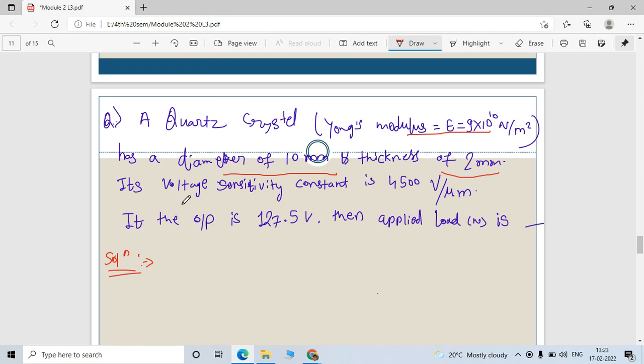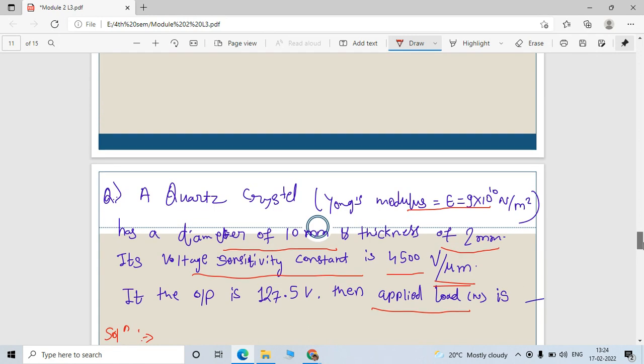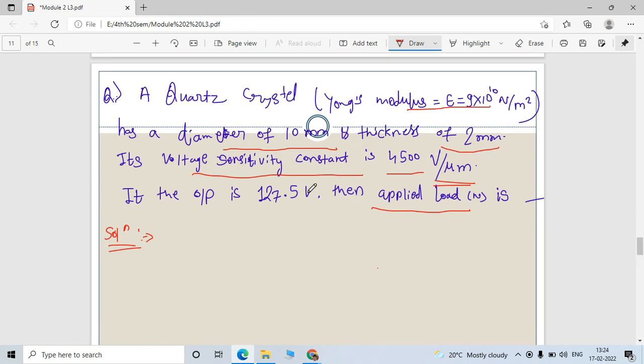You need to find the applied load, in terms of force, and the voltage sensitivity constant is given as 4500. See the unit here, the unit is volt per micrometer, which is not what we have seen for the constant. This unit is different, so you need to match the unit and use that quantity in your original equations.